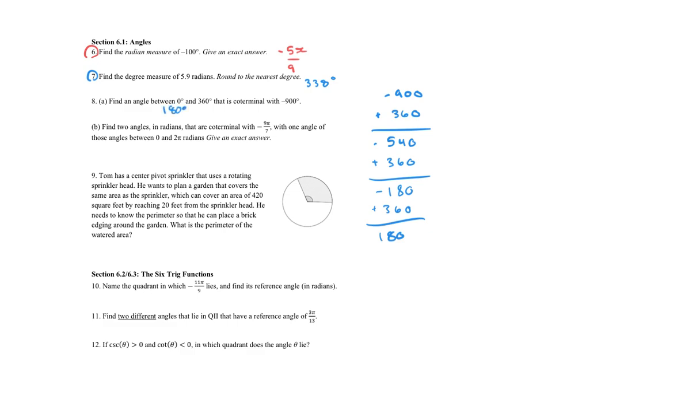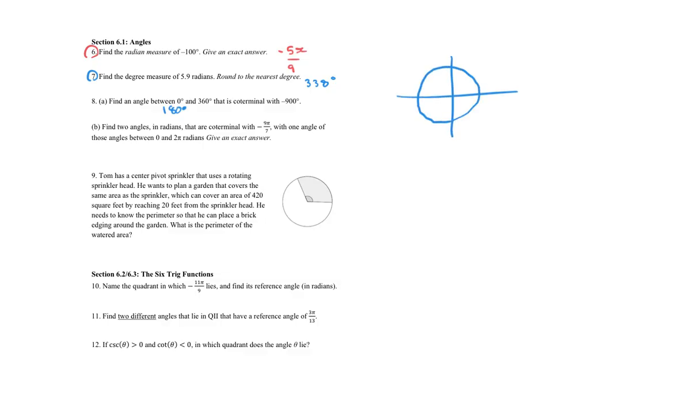180 degrees. So now we're going to find two angles in radians that are coterminal with negative 9 pi over 7, with one of those angles between 0 and 2 pi. So to be coterminal, if we imagine drawing a unit circle, negative 9 pi over 7 is a little less than negative pi.